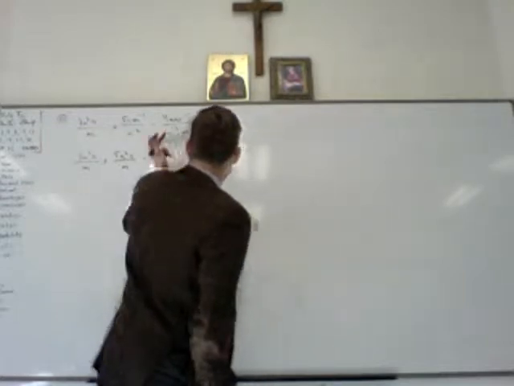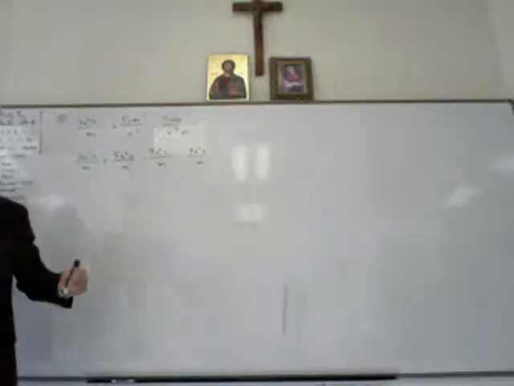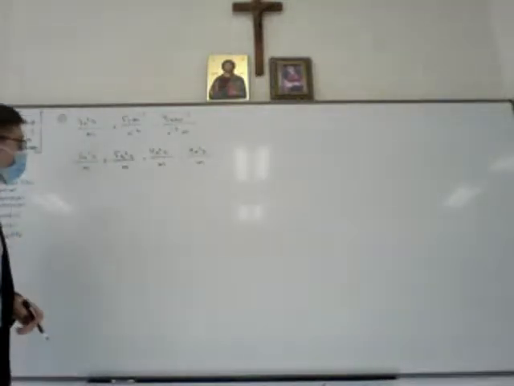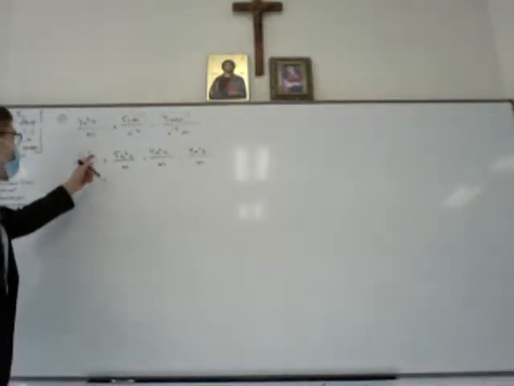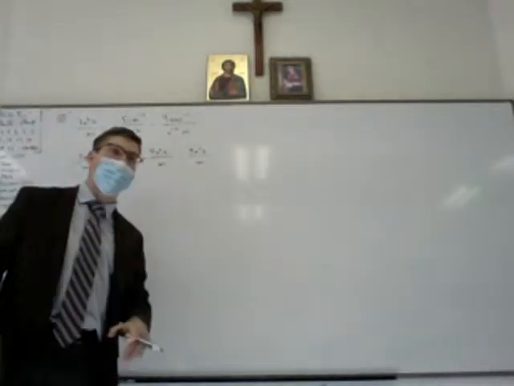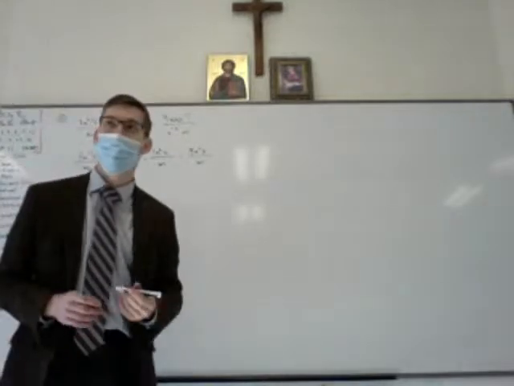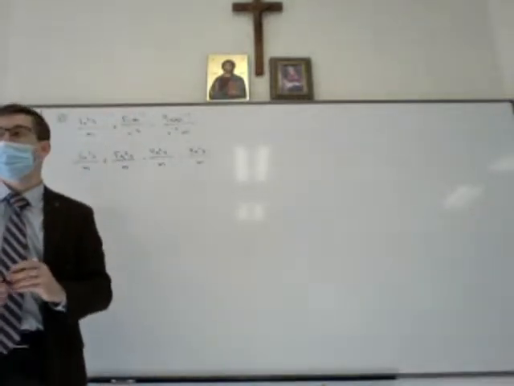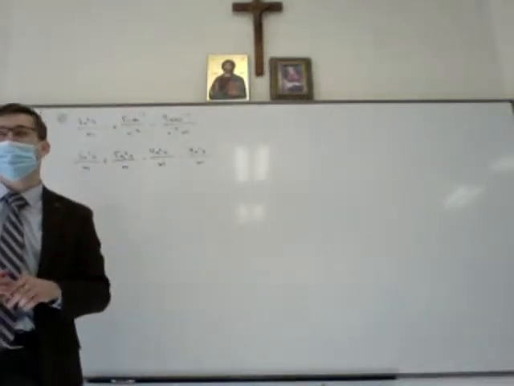It's just like adding and subtracting any other fractions. They all have the same denominator, so we can just add along the top. 3a squared x plus 5a squared x gives us 8a squared x, minus 4a squared x gives us 4a squared x. That's it. Questions about that one?